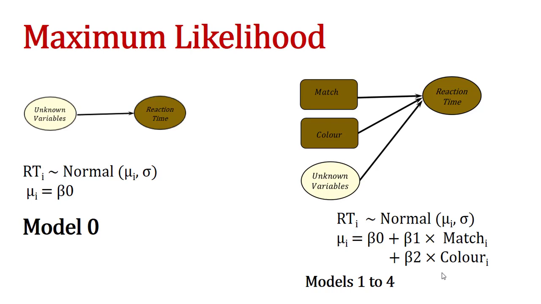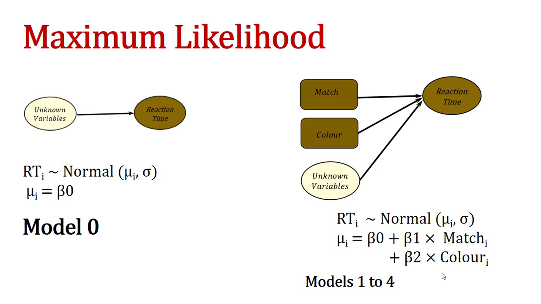So now we've got the effect of one variable, the effect of the other variable, and the interaction between these two. And what's an interaction? An interaction is an effect on an effect. Basically it is how the color variable affects the effect of the variable match on reaction time.